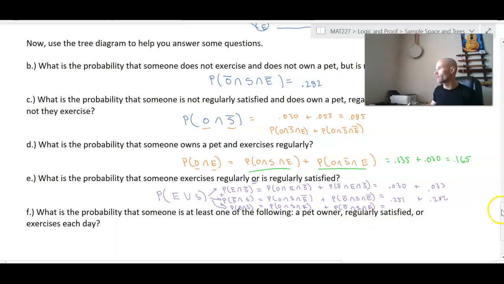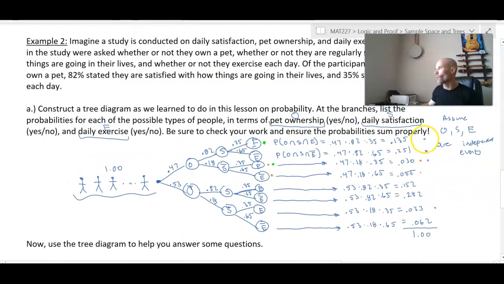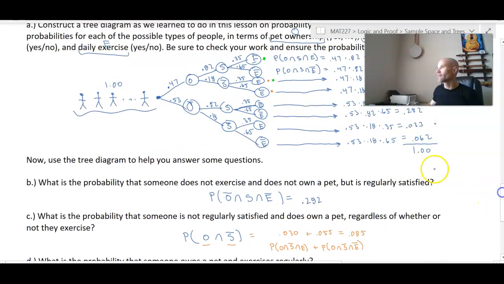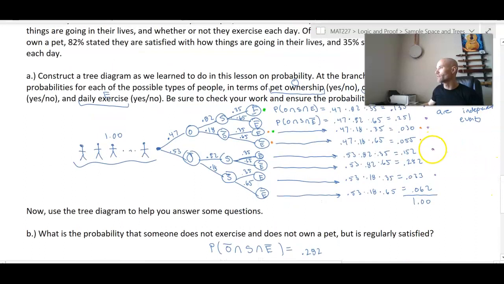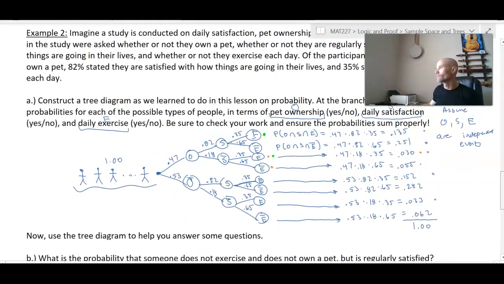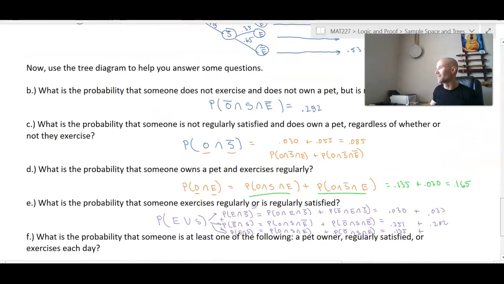Okay, so all three, they do all three, that's going to be the 0.135 plus don't own a pet and are satisfied and exercise. That is 0.152.